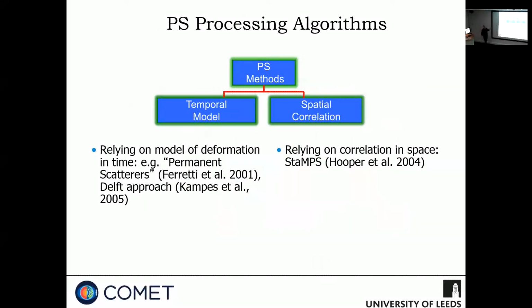So I'm going to talk about two different approaches to this. One really relies on a temporal model for how the phase evolves, so how the deformation will evolve. And then I'll talk about another one which is based on spatial correlation.